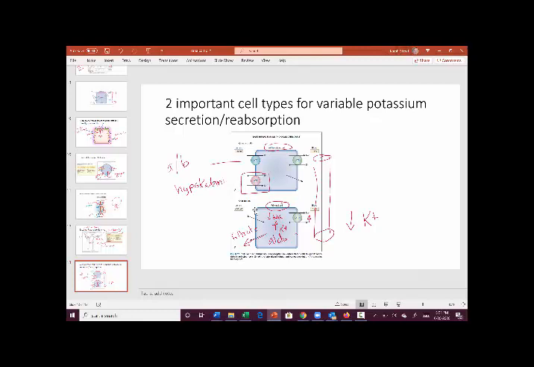You don't want that last 13 to 15% of your filtered potassium ending up in the toilet. You would be in a negative potassium balance. You need it. You need to keep it. So the alpha intercalated cells are all about saving some of that 13 to 15% of the filtered load of potassium when you need it, when you are on a low potassium diet, for example.